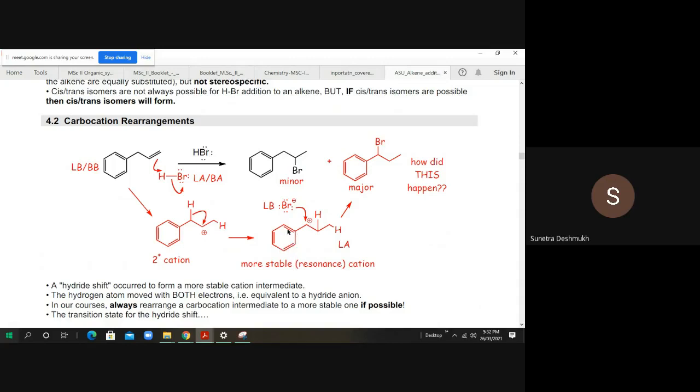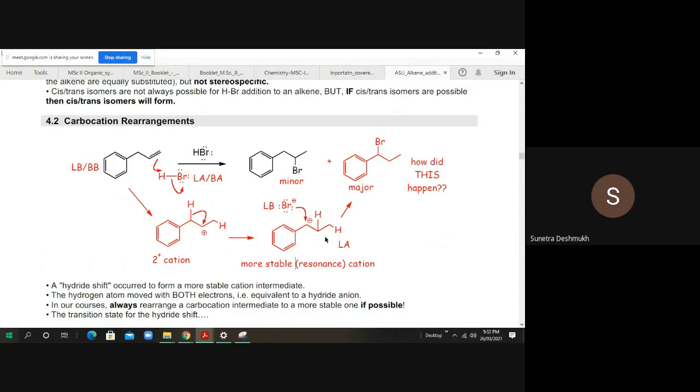This carbon-carbon double bond is shifted from here to here, outside the ring, and this positive charge enters the benzene ring. So the positive charge is delocalizing on different carbon atoms, and due to that delocalization, this secondary carbocation is highly stable.